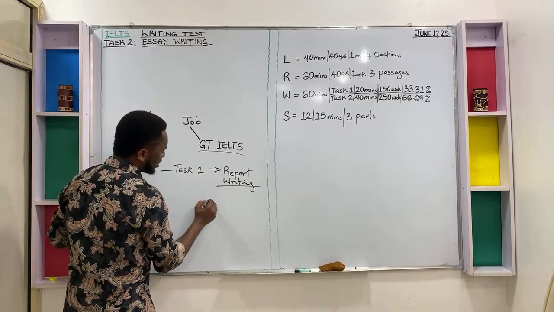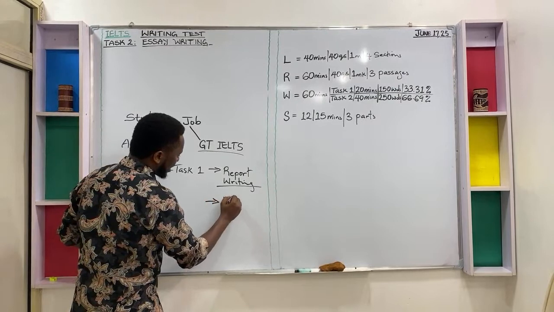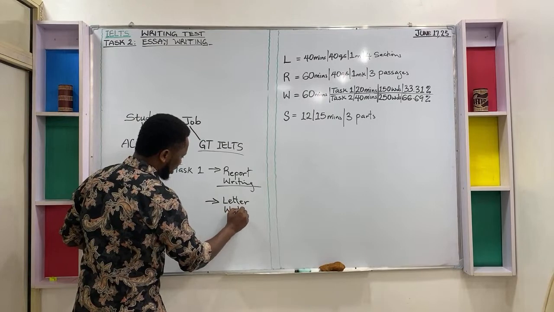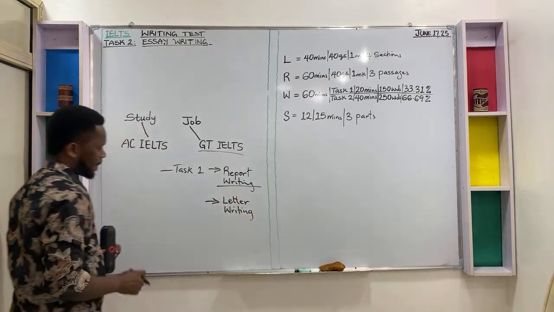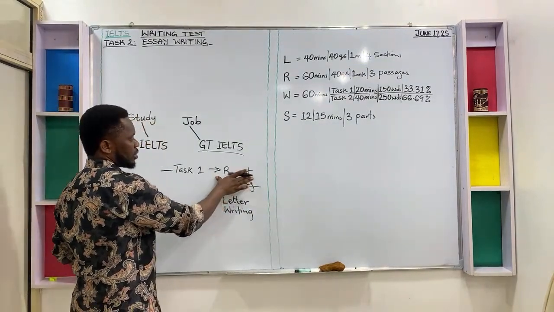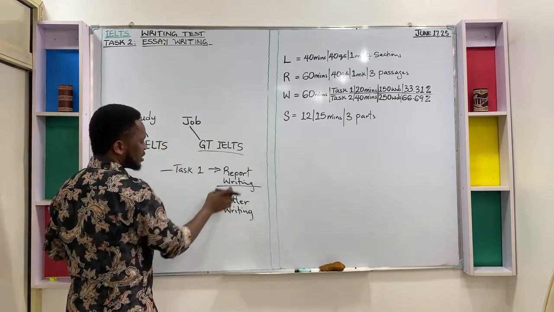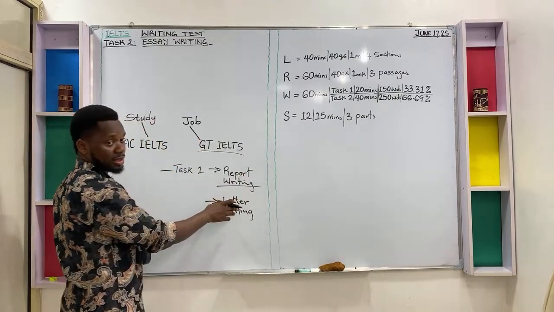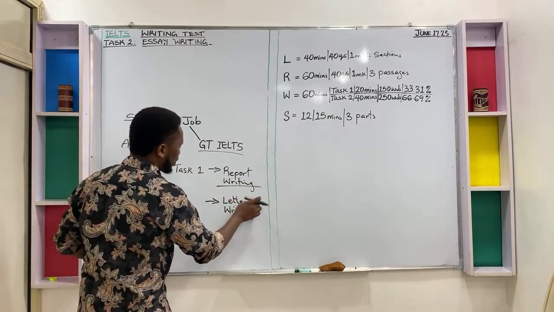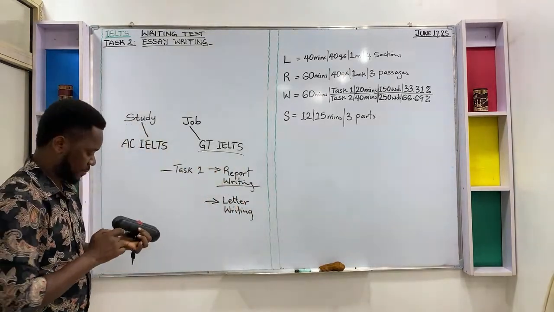But if you are applying for a job, your task 1 would be letter writing. Please, just in case you go for your test and you see a report, whereas what you're applying for is a job and you're not a nurse, you're not to write a report, you have to write a letter. But if you're going for study and you see a letter as your task 1, please reject it. You're supposed to write a report, right?